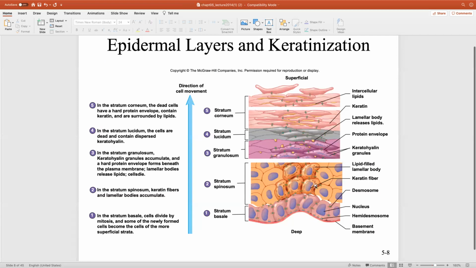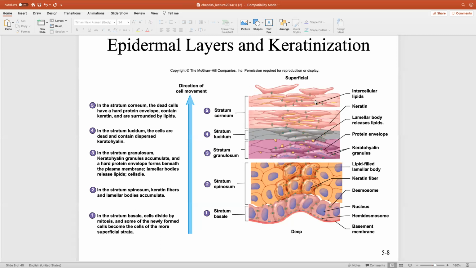Now, the fourth layer is only found in areas of thick skin. Thick skin contains this fourth layer called the stratum lucidum, right? All of the other skin, thick and thin, will have the other layers. They will all have stratum basale, a pretty thick stratum spinosum, stratum granulosum, and stratum corneum.